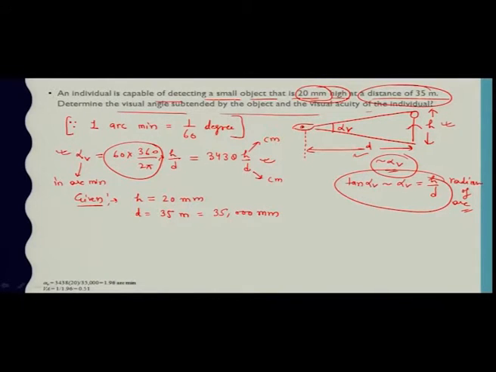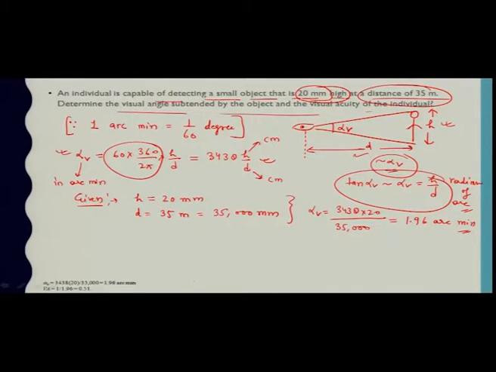If you put these values in the formula, alpha v equals 3438 into 20 upon 35,000. If you calculate, it comes out as 1.96 arc minutes.